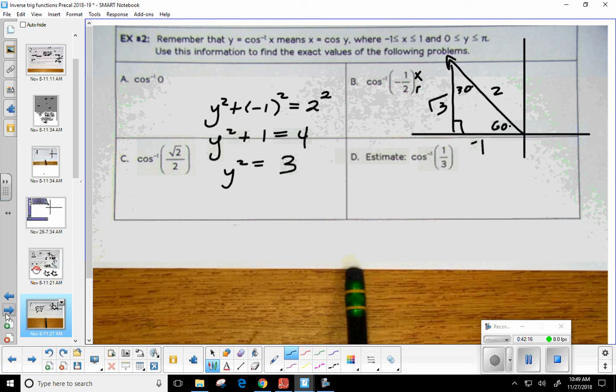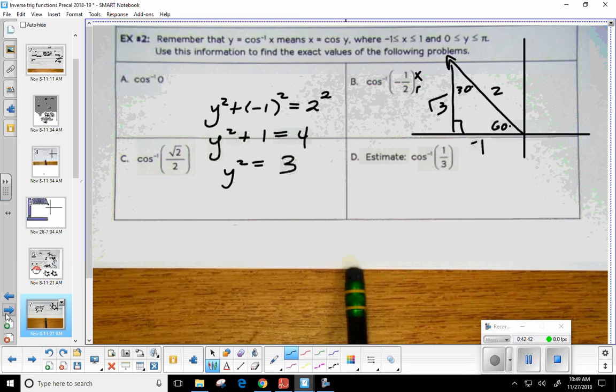And now don't let the negative throw you off. The negative just tells me the direction we would move. The hypotenuse is still double that shorter leg, and the other leg is just the shorter times the square root of 3. You're just not worried about the sign. Okay. So what's my answer? 60? It is not 60. It is 120.